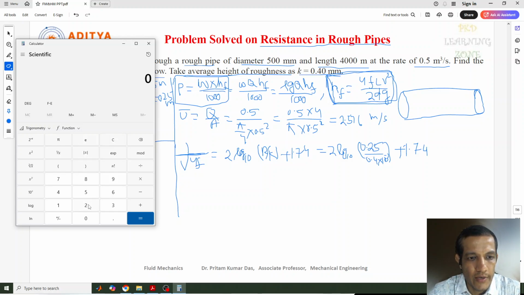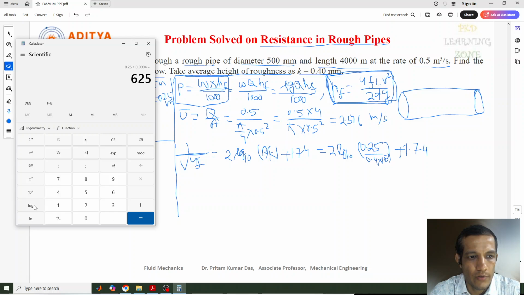So we can write 0.25 divided by 0.0004. This value we get is 625.